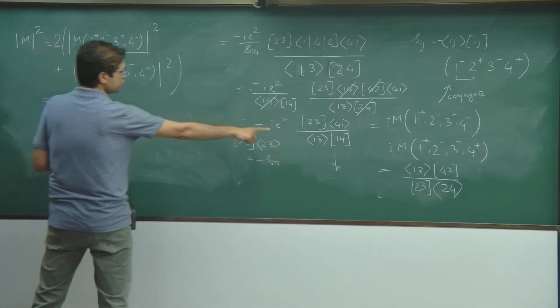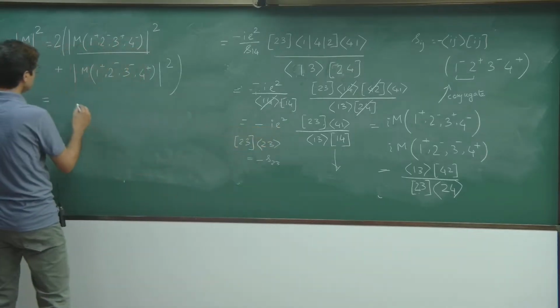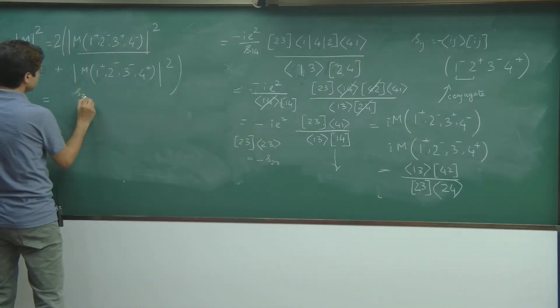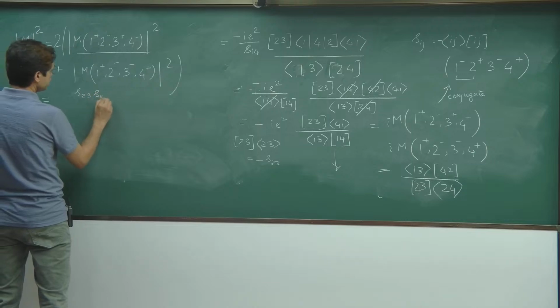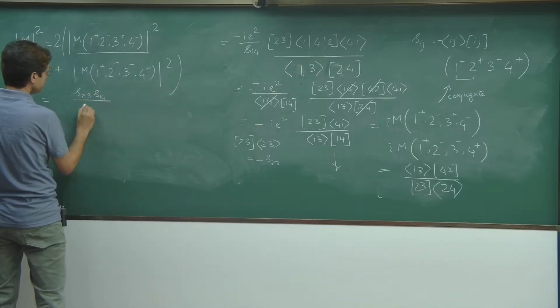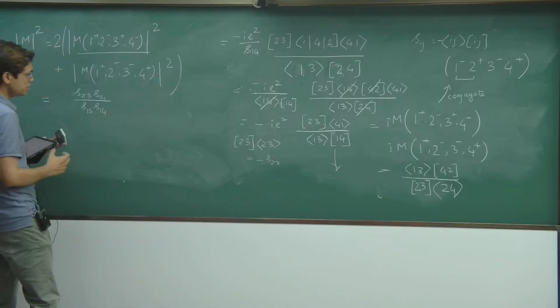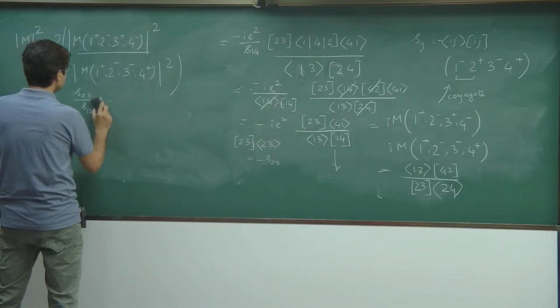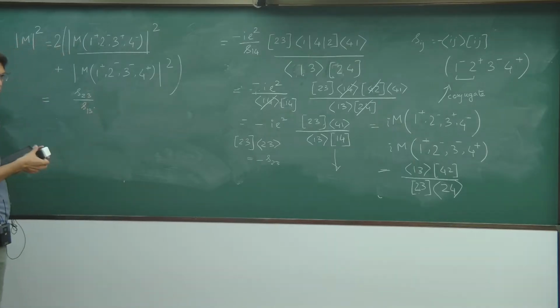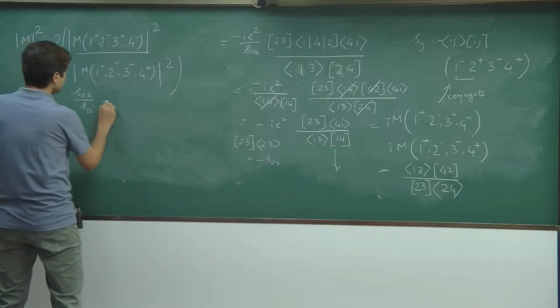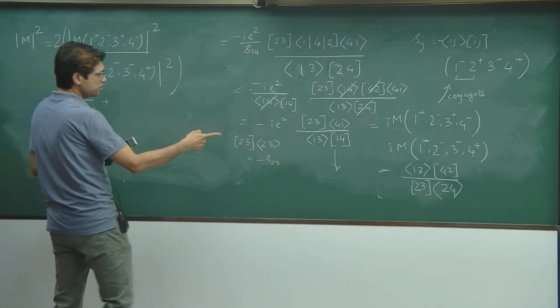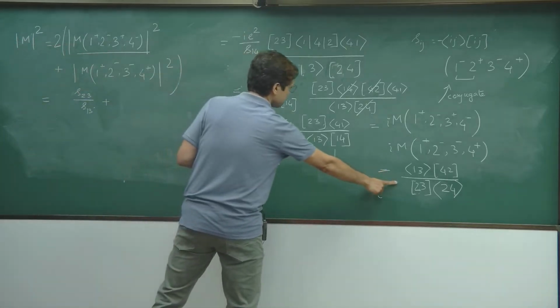So from this first diagram, I get s 2 3 s 1 4 divided by s 1 3 s 1 4. So 1 4 1 4 is gone. So 2 3 by 1 3. Okay. From the second diagram, this was the result, right?